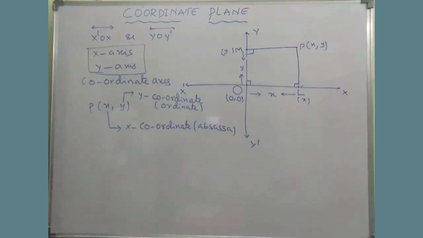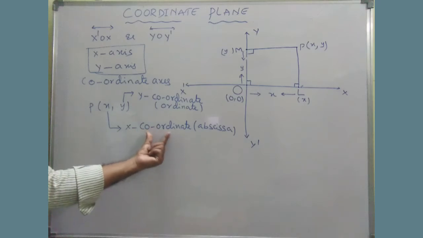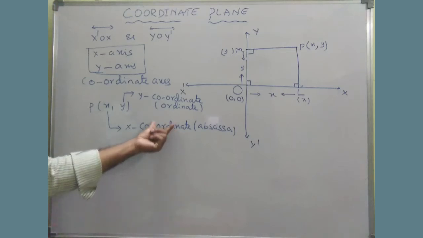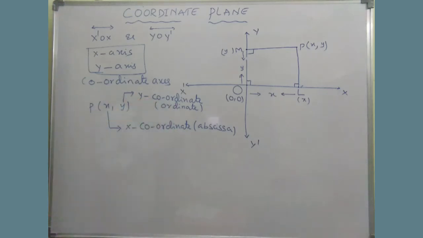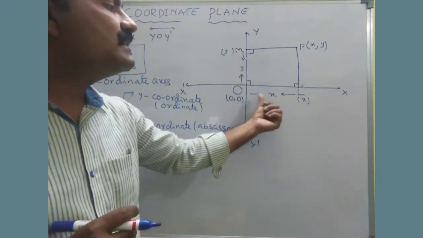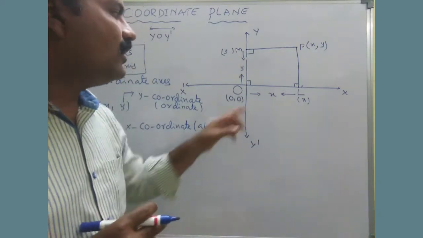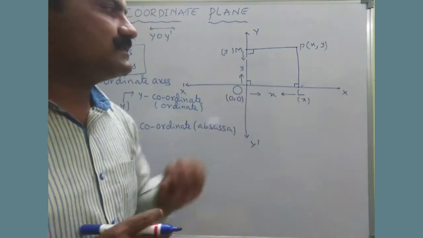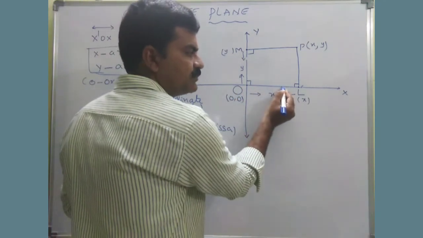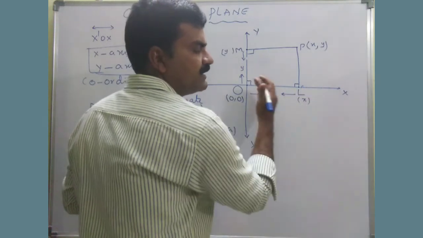Look at the definition of the x coordinate. How can we define what the x coordinate and the y coordinate are? The x coordinate is the directional distance from the origin along the x-axis, whether you take it up to here or here, whatever it may be.